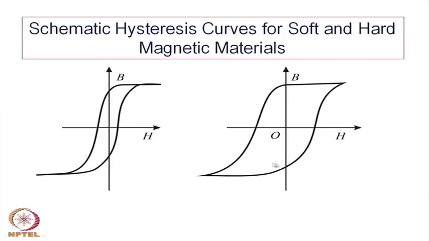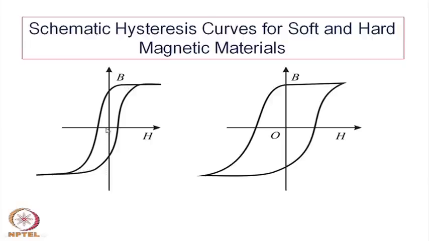This is what I have shown you earlier. This is a thinner hysteresis curve, and this is a thicker or wider hysteresis curve, which means higher energy is needed for magnetization as well as demagnetization. The thin one needs a very low field as well as low energy, and the energy content of the material is also low.